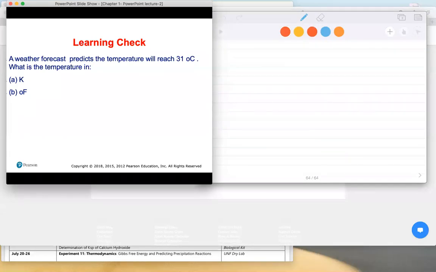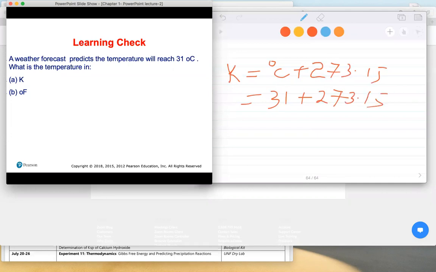Kelvin equals degrees Celsius plus 273.15, so this is 31 plus 273.15, which is 304.15. And this is Kelvin.